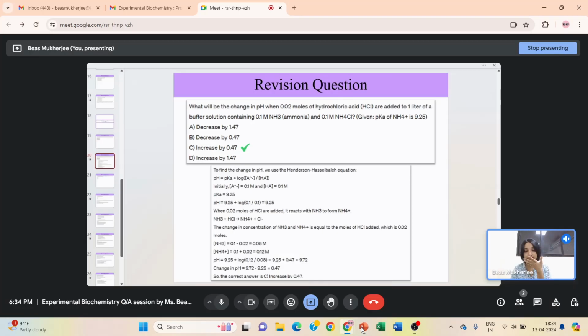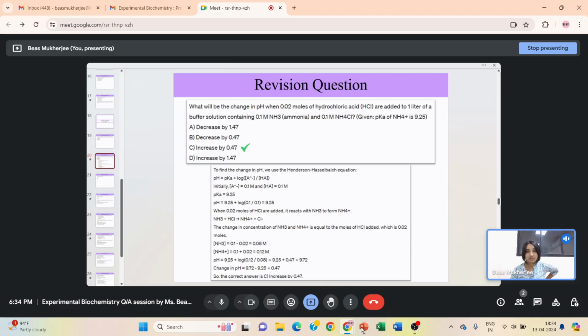So how do we solve this? Let's try to understand. To find the change in pH, we are going to use the Henderson-Hasselbalch equation. pH is equal to pKa plus log of the conjugate base divided by acid, right? Initially the concentration of A minus is equal to 0.1 molar, because ammonia has been added.